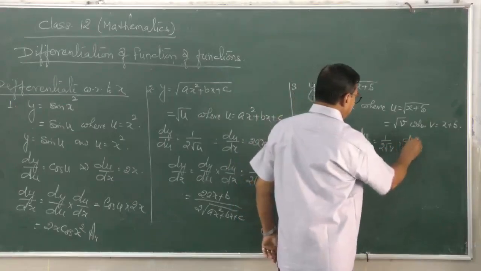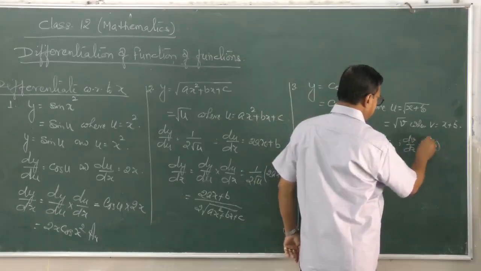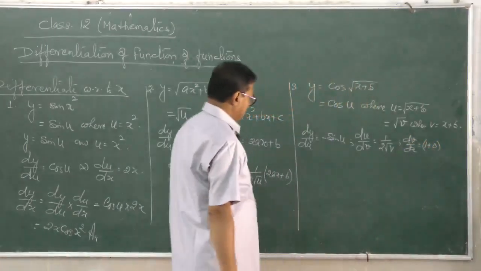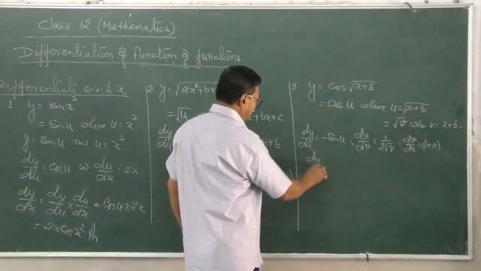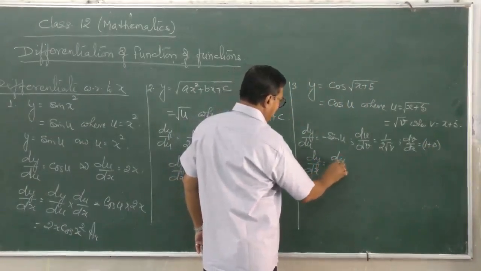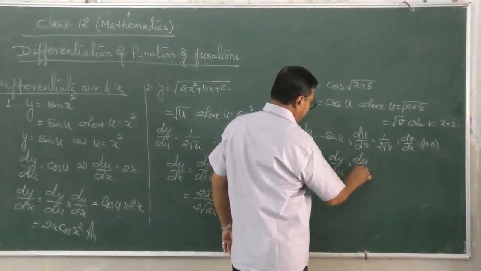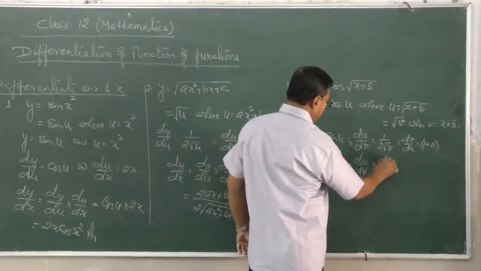And v is a function of x. We have to find dy by dx, so we multiply all of them: dy by du, du by dv, dv by dx.